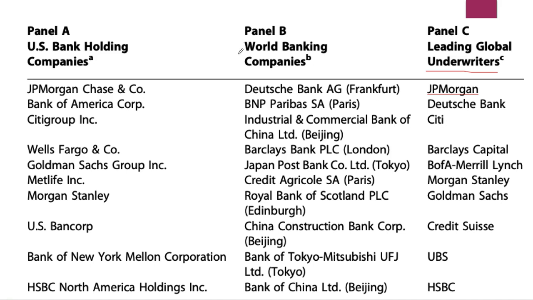And then there are, as you see, world banking companies. For example, Deutsche Bank, as you know, from Germany, BNP Paribas from France, and Industrial and Commercial Bank of China. Actually, this is also a very huge corporation.